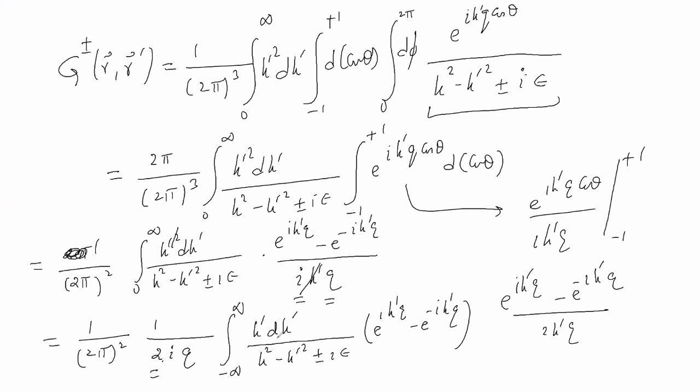Now, since this is an integral over k', what I am going to do, this will be your next step, I will multiply by a negative sign here such that this will become plus, this will become minus, and this will become minus plus.